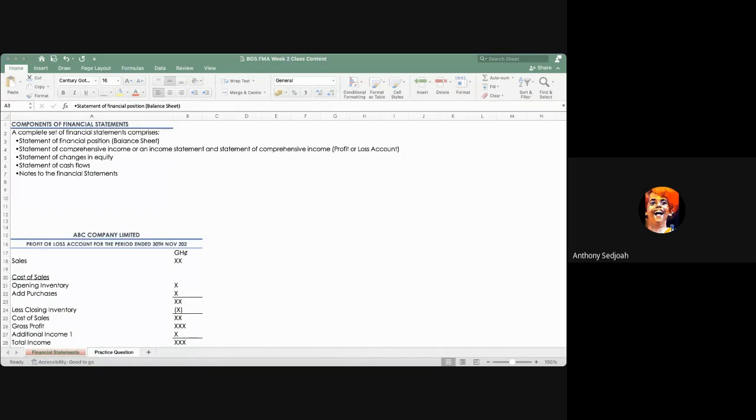We said we have assets, liabilities, equity, income, and then expenses. So if I should open a balance sheet, which of these elements will I find in it? The balance sheet constitutes the assets, the capital, and then the liability.